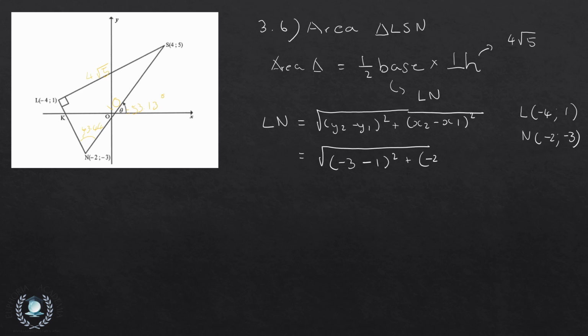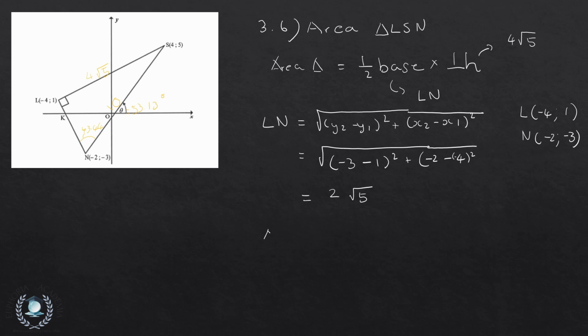I apologize for the sound. That would be minus -4. That will be squared. And when we do our arithmetic, we will find that LN is equal to 2 multiplied by the square root of 5.